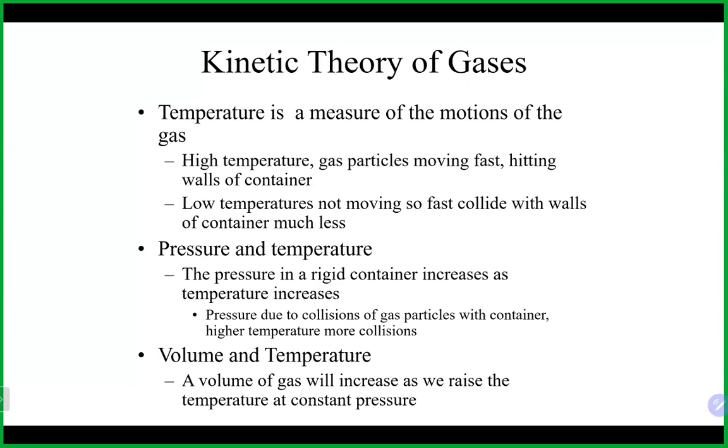This is our Charles's law relationship that we talked about down here. And that is where the volume actually helps to keep the pressure constant. Remember, it's the volume in that situation that will adjust with the temperature to allow the number of collisions to stay relatively constant and keep the pressure constant.